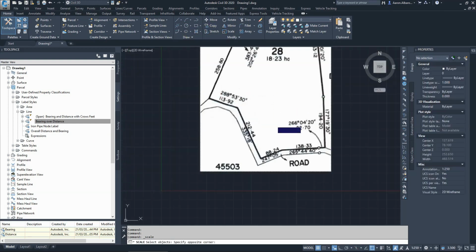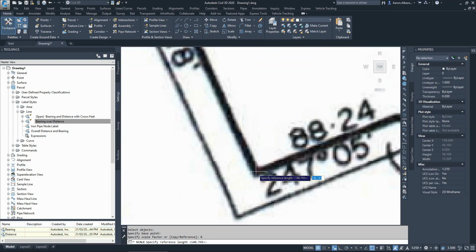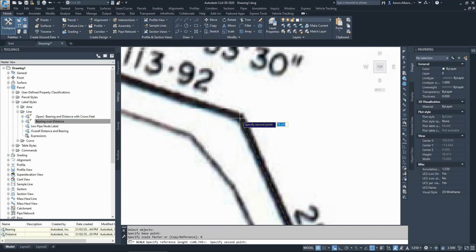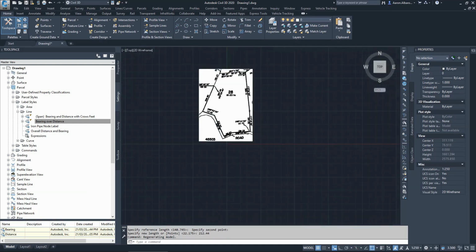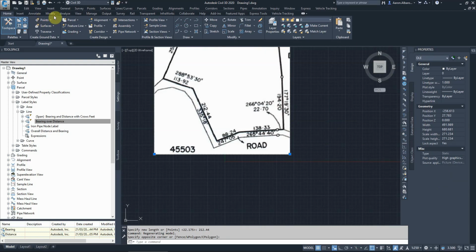So I scale that from any point here with a reference from this point roughly to that point. I want it to be 212.44, enter. So that is the right size.